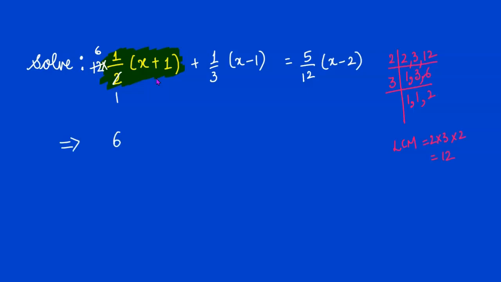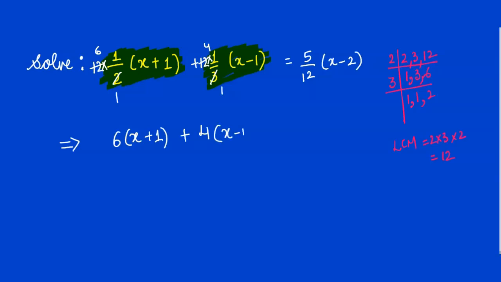So we get 6 into x plus 1. So now let's see what happens when we multiply the second term with 12. This is the second term and let's multiply it with 12. So when we multiply it by 12, we get 4 in the numerator. So we have 4 into x minus 1.